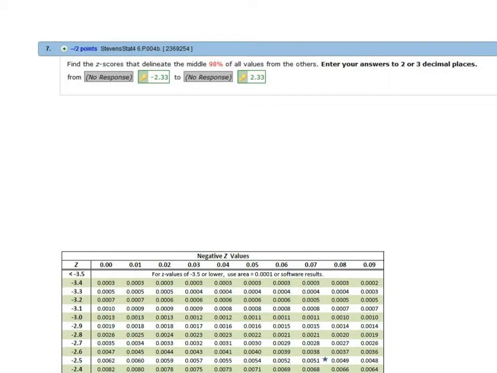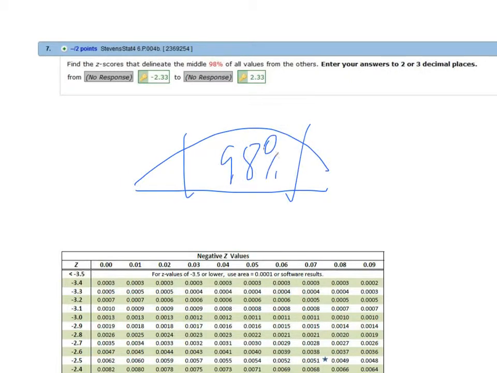So this is the same deal. We've got 98% in the middle. That leaves 2% in each tail. So 2% in both tails. Half of that in each. So I'm going to go inside my table and look as close as I can get to 0.0100. Let's see.